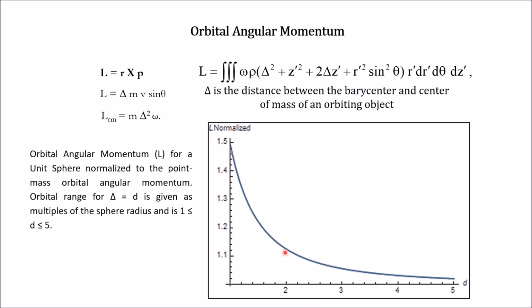This is the distance between the centers of mass of the objects as a function of the diameter of one of the objects, and then I made the other object's separation distance just a multiple of that, so I could draw a curve. Using numerical integration, what we find is that when you have close encounters, two uniform spheres, they would come within to this point, and you can see that the orbital angular momentum varies vastly from the center of mass value. That's the first correction you can make.